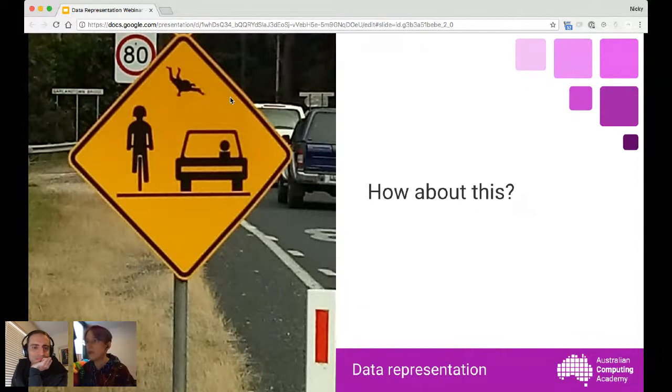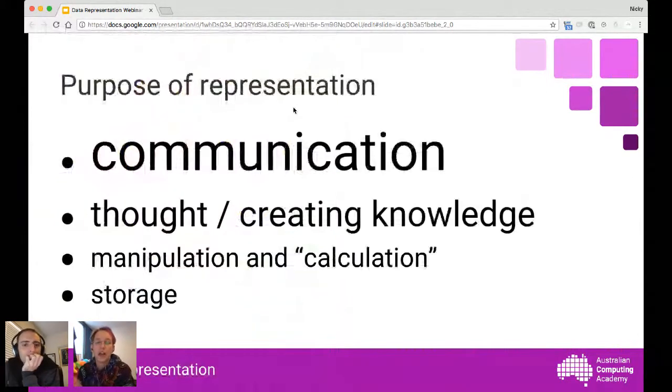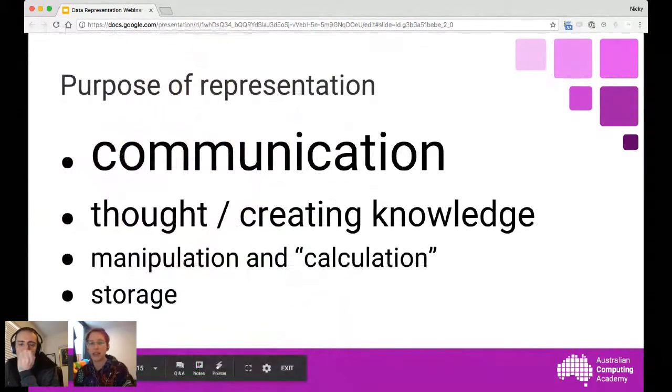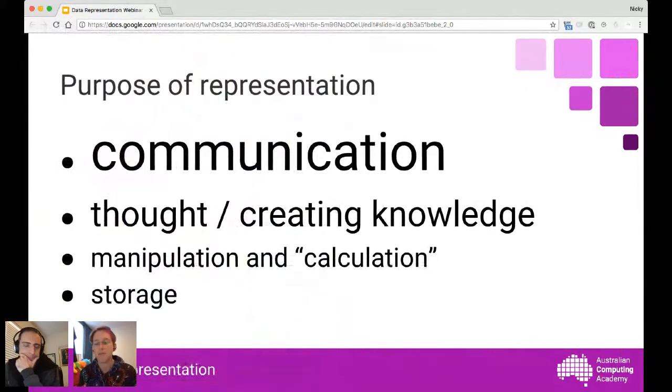All right, so what we're really talking about here in this general discussion is representation. And this whole point of having data representation is so that humans can communicate better. So this is partly thinking about the purpose of human existence in some sense, which is to communicate, but it's also thinking about having thoughts, being able to create this knowledge.